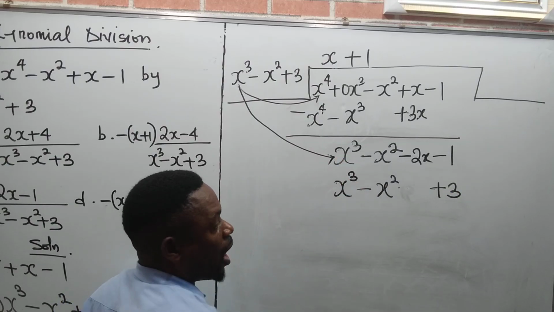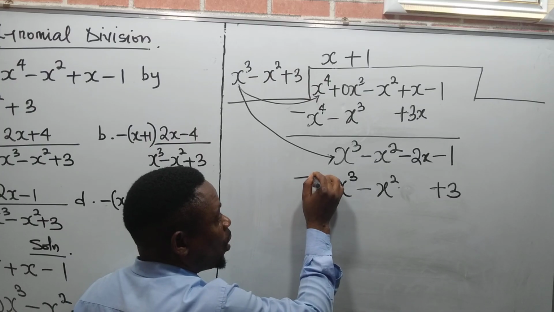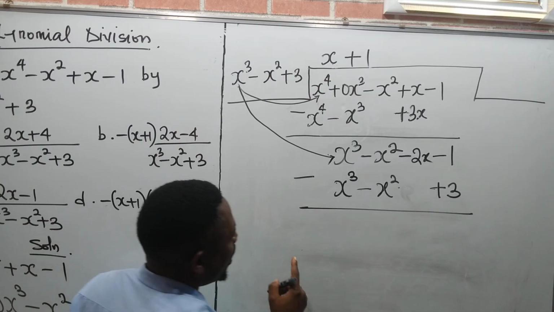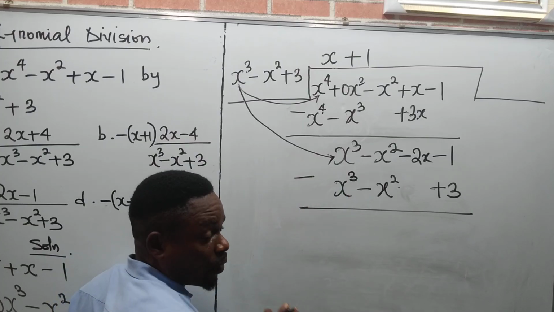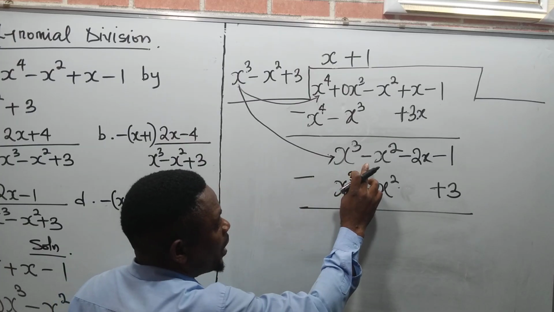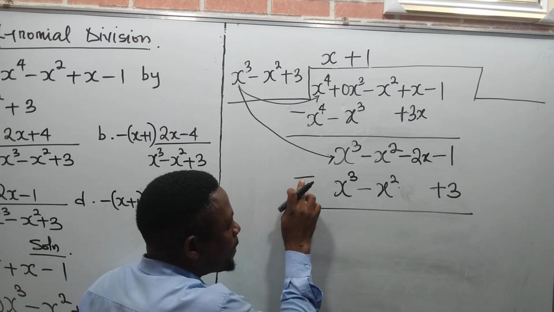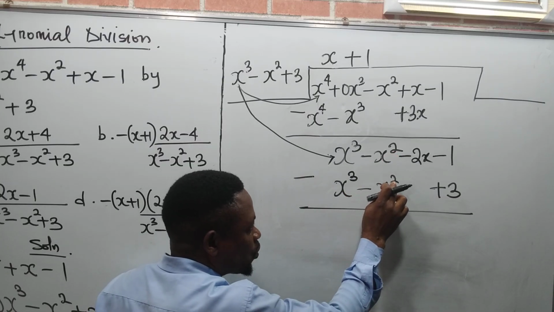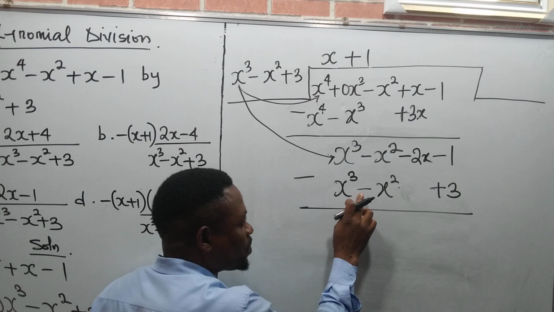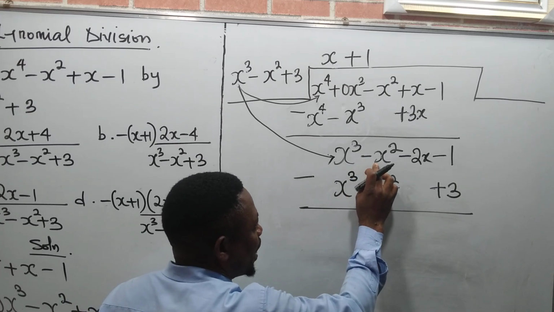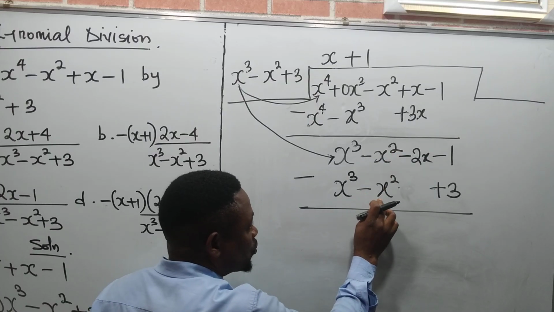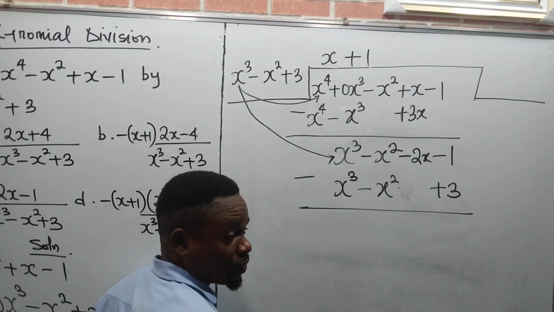Can you see that the coefficients are the same? The powers also are the same. Introduce minus. I will now say x to power 3 minus x to power 3 is already 0. Then the other one is minus x to power 2 minus x to power 2. Then minus is plus, right? So minus x to power 2 plus x to power 2 is also 0.